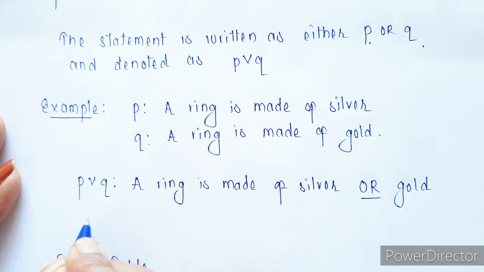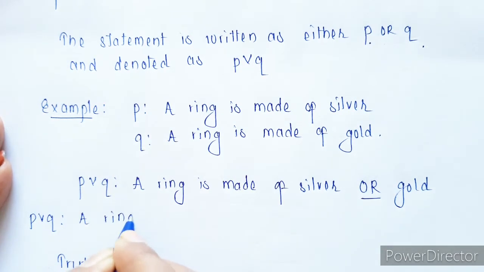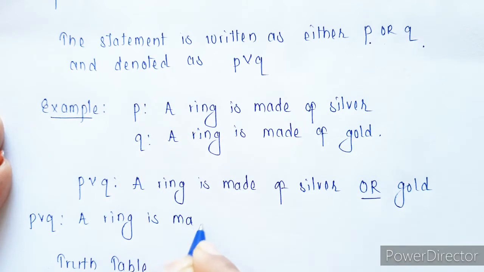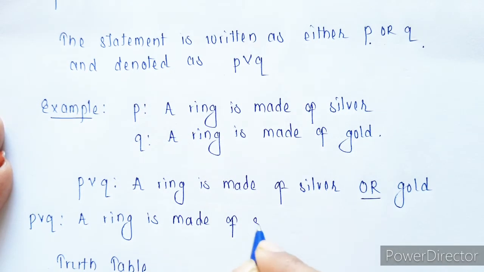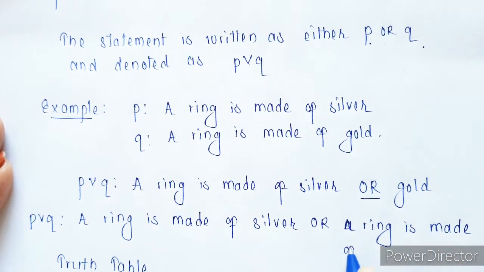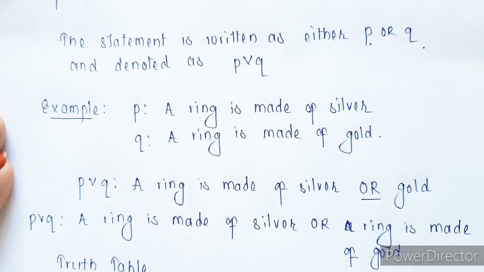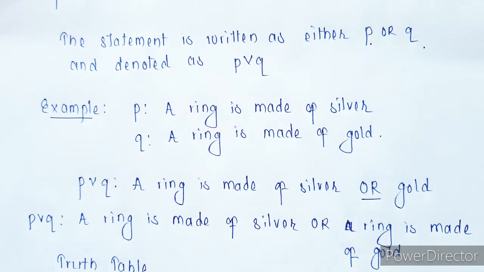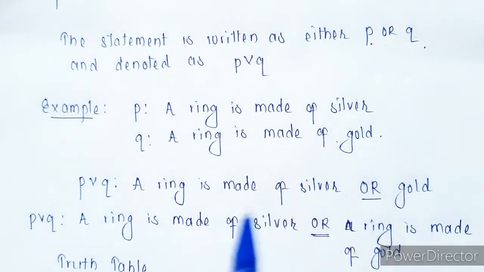We can even write this as P or Q: a ring is made of silver or a ring is made of gold. Both ways it is correct. Okay. So basically what we are doing, we are just using the word or and connecting both these statements.